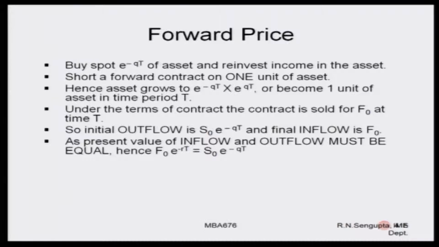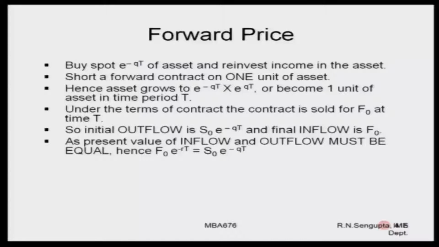So, the initial outflow for that particular spot, because the quantum was e to the power minus qt, and the spot price was S0, was S0 into e to the power minus qt, and the final inflow is F0.